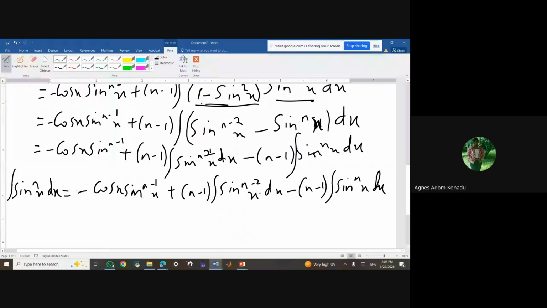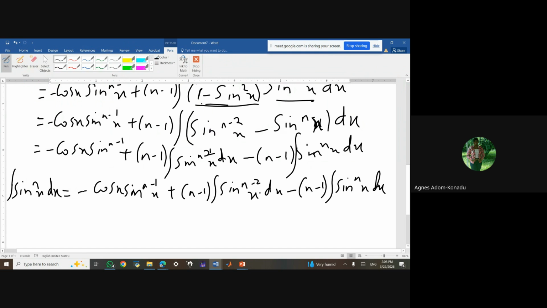So you see that you have sine nx dx on the left, and then you have sine nx dx on the right. So I'll group the two like that. Group, negative comes to this side, it will be positive.